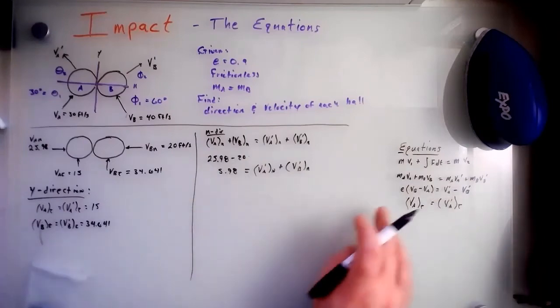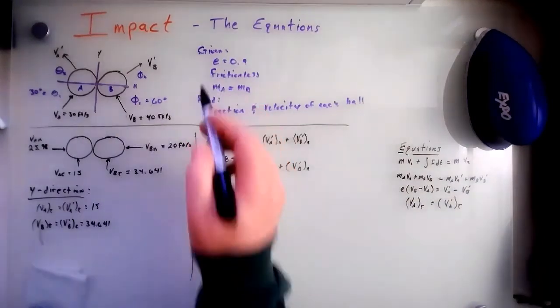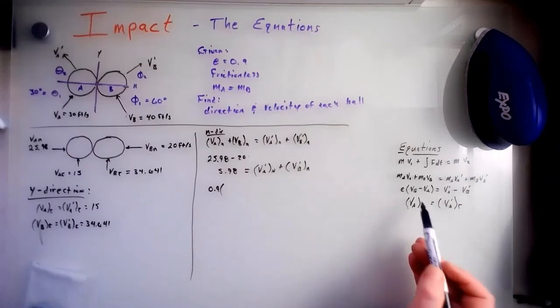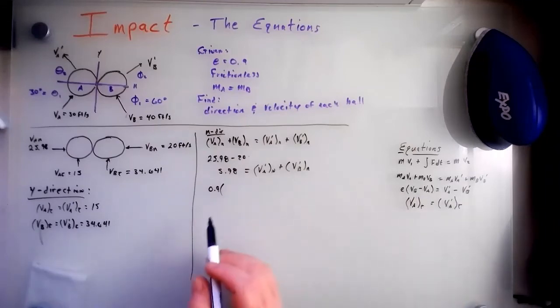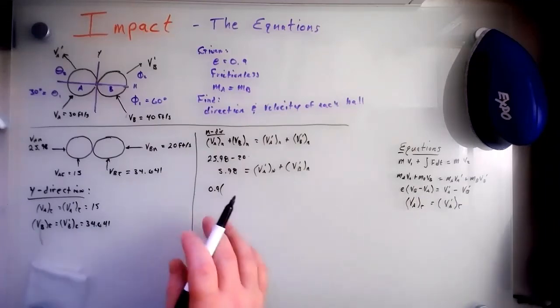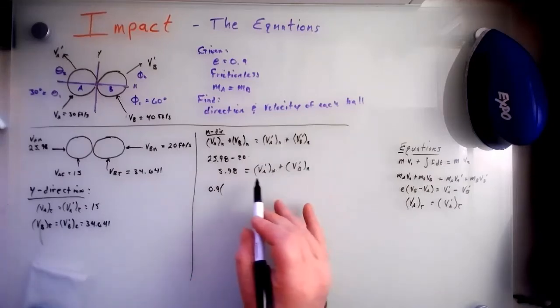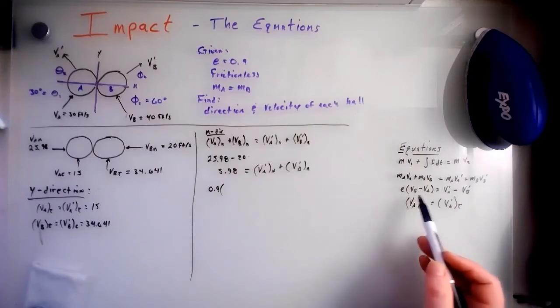So again, in the n direction, we're given this, 0.9, and we're subtracting now, so it doesn't matter which one we do. We're ending with A and B, so let's do this one.